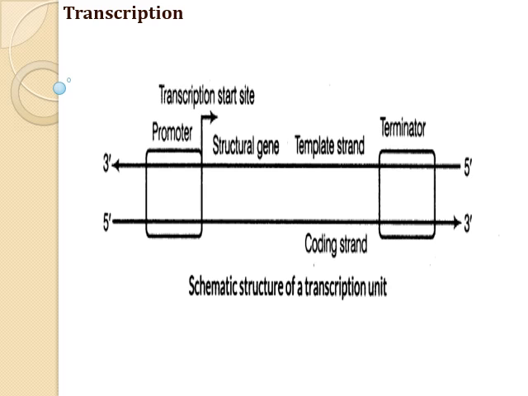If you observe the transcription unit in the given picture, the promoter and terminator flank the structural gene in a transcription unit. The promoter is located towards the 5' end of the structural gene. It is the DNA sequence that provides binding site for RNA polymerase, and the presence of promoter defines the template and coding strand.